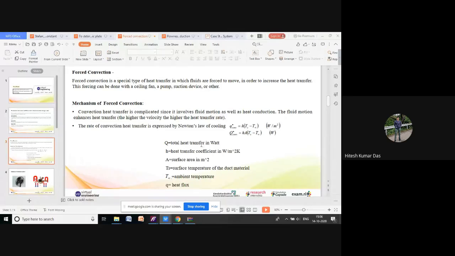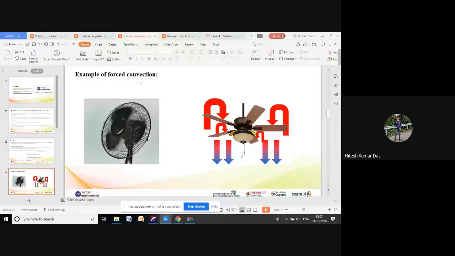Here capital Q is the heat transfer rate, h is the heat transfer coefficient which you need to calculate in this case study, A is the surface area in meter square, Ts is the surface temperature, this first term, and T infinity is the ambient temperature. This small q is the heat flux. Next, some examples of forced convection: this is the example like a ceiling fan and a normal fan.